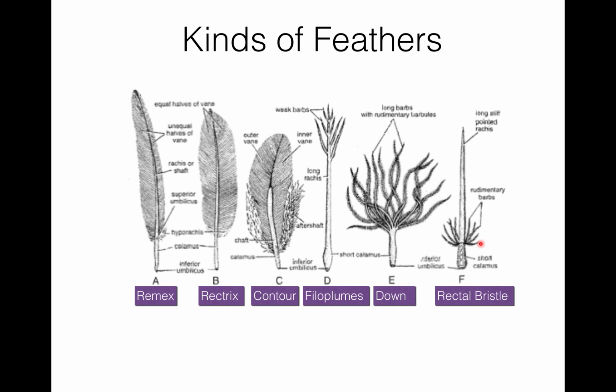Then another function of feathers is that they provide protective coloration, which also helps in camouflage in birds, because the protective coloration guards them against their enemies. Then the other function is that they are a thing of ornamentation.